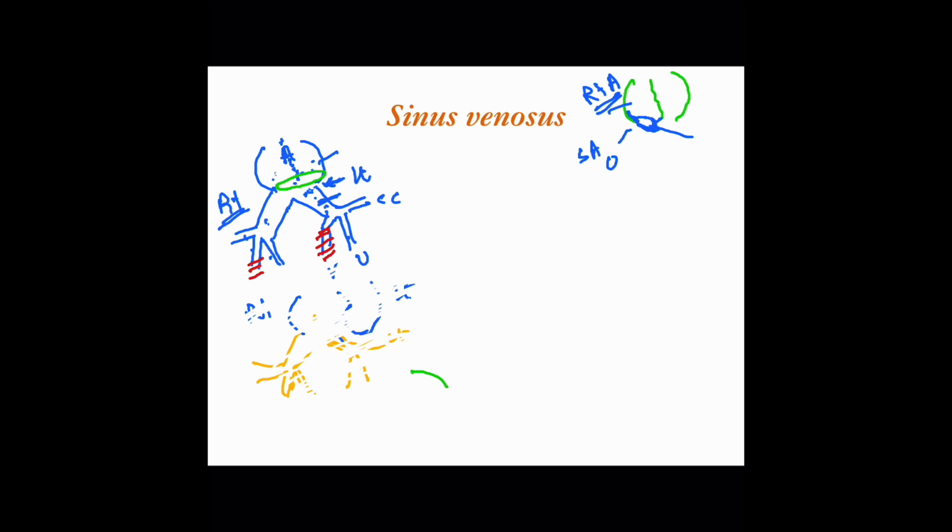We have already seen that this is the sinus venosus, this is the atrium, this is the interatrial septum. So now this will be the left atrium, this is the right atrium.